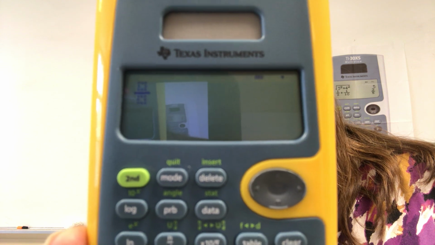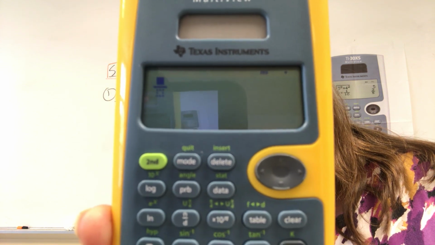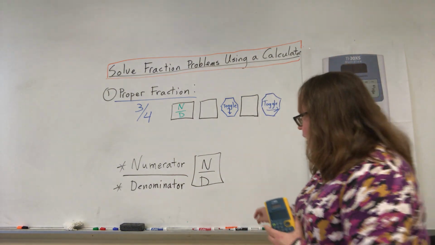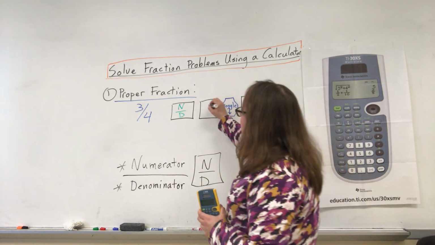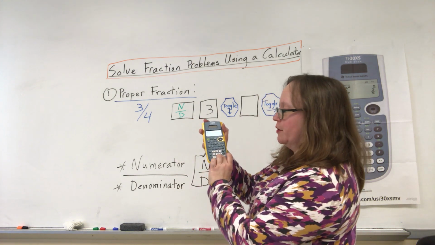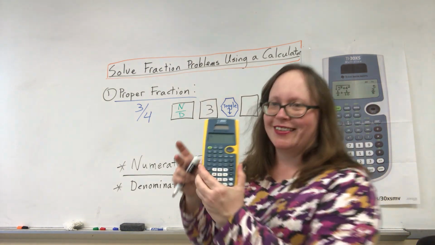The first box is the numerator. So what am I going to enter into it? That's right. I am going to enter the number 3. So that's what I'm going to do. And when I do, you see the 3?